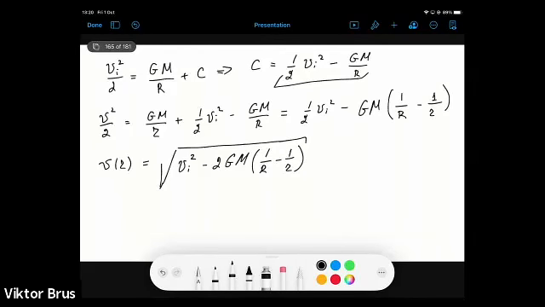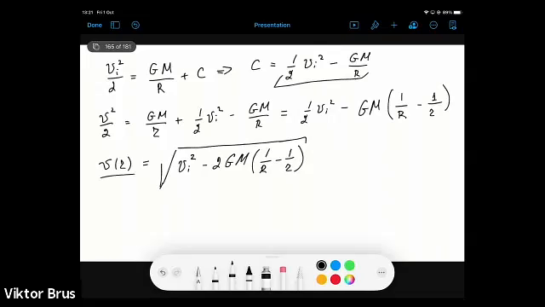We have this expression for velocity as a function of distance. And now we need to consider conditions at which the projectile will escape from the gravitational field of the planet and will never come back to the surface of the planet.